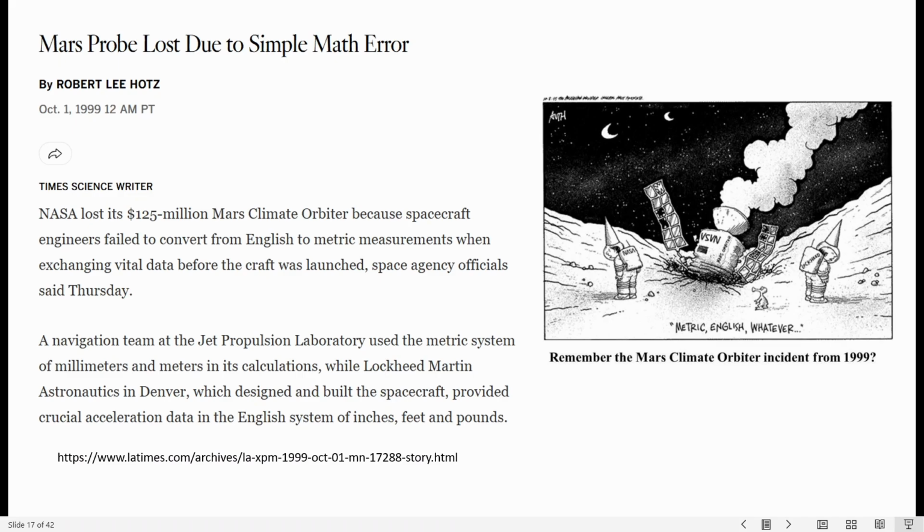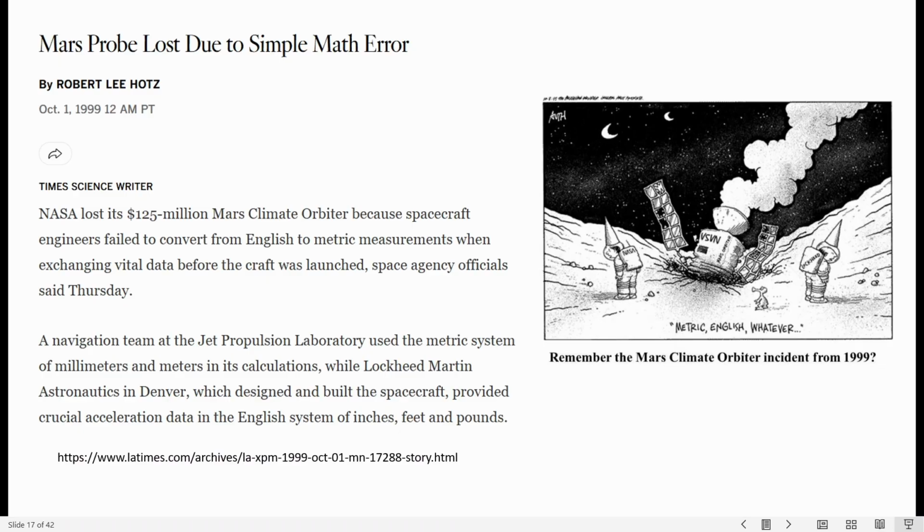This is from 1999. NASA lost the 125 million USD Mars Climate Orbiter because their engineers did not convert a measurement from English to metric. When they were building this climate orbiter, they had different engineers from different teams, right?